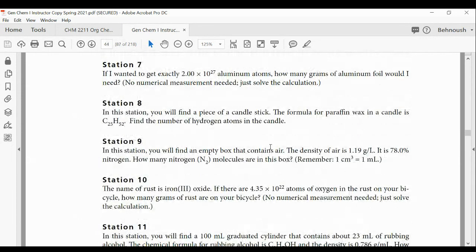Can someone tell me how would you find the answer to station 9? In that station you will find the empty box, which contains air. We have the density of the air. What are the steps? Could you tell me the steps for station 9?